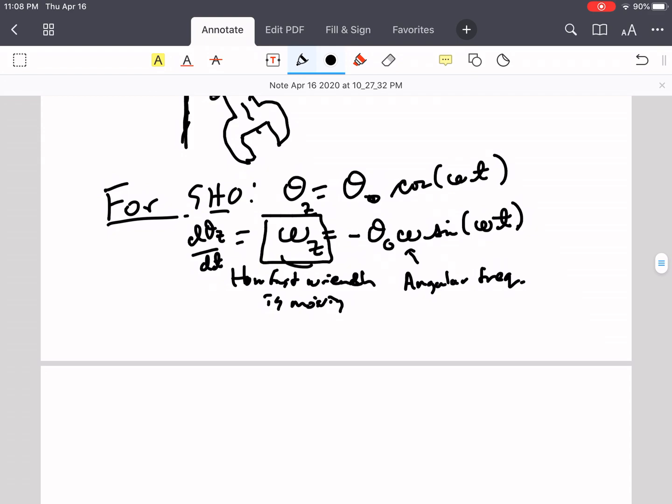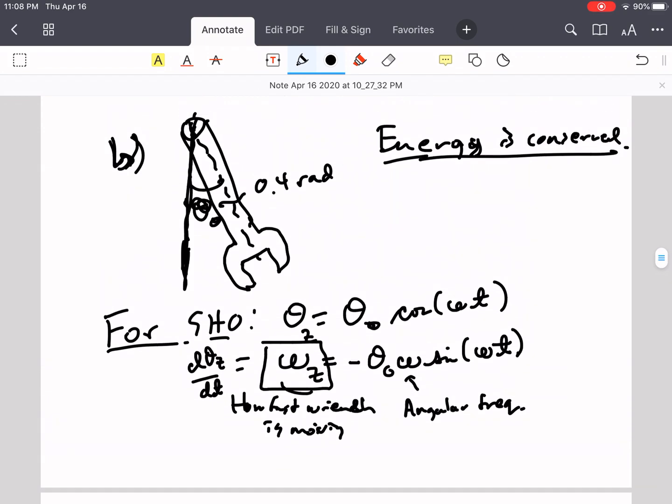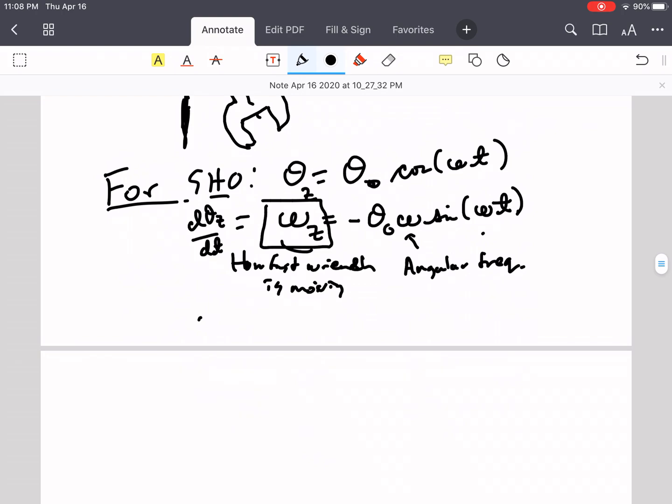So if it were to ask you like this, I would figure out that when I go through equilibrium, that's when the sine is equal to 1, or the cosine is equal to 0. And I would say that my omega z max is theta 0 times omega. And you can plug in some numbers. I don't remember if I did this in the notes. I did not.